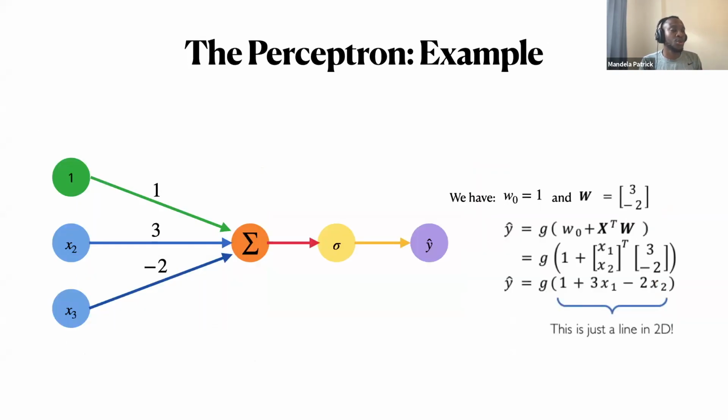So let's go through a simple example. Let's say we have two features, x1 and x2. We weight each one: we assign weight 3 to x1, weight minus 2 to x2, and then we have our bias term, 1.